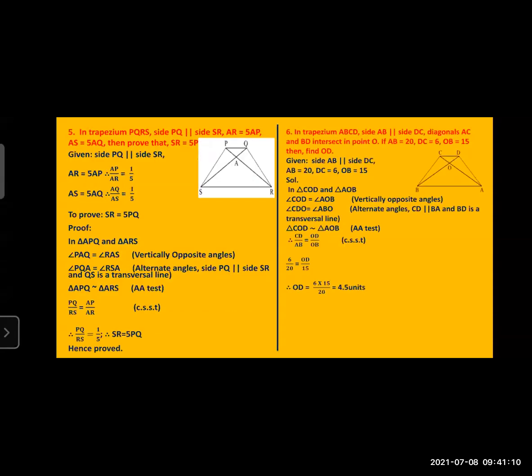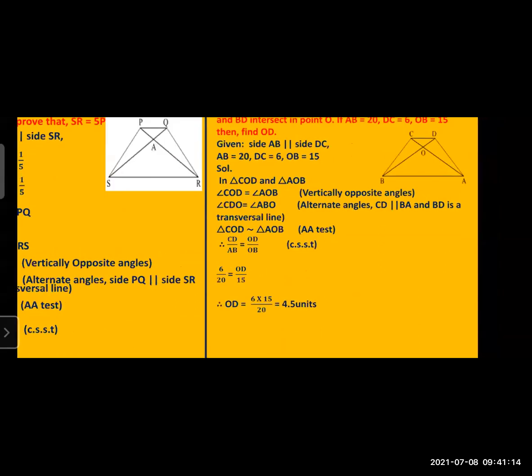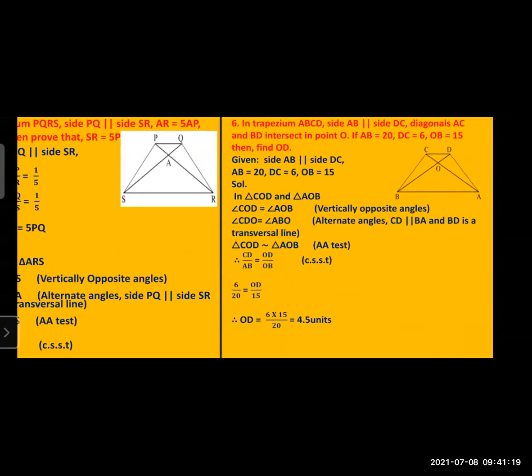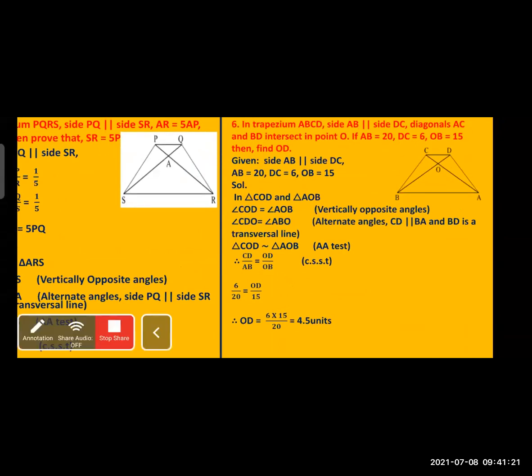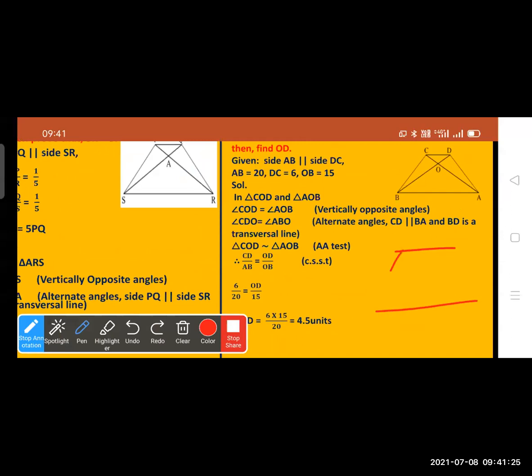Yes, see. In the question, they say that two lines are parallel. देखो दो लाइन पैरेलल दिए, that means you apply the alternate angle condition and vertical opposite angle. ट्रेपेजियम के जितने भी क्वेश्चंस रहेंगे, ट्रेपेजियम ऐसा होता है आपका, राइट?